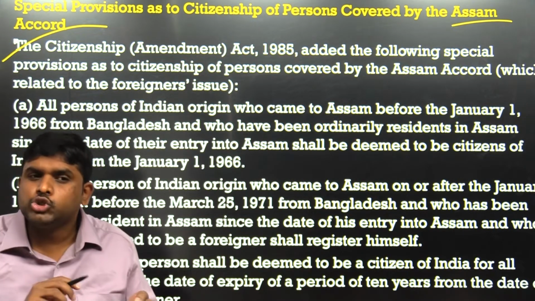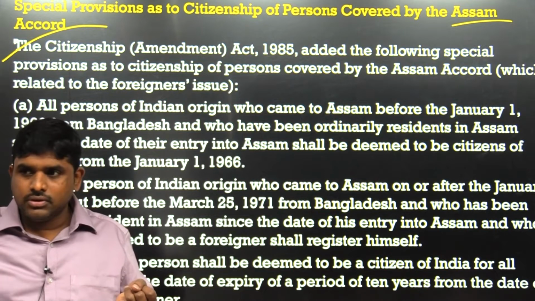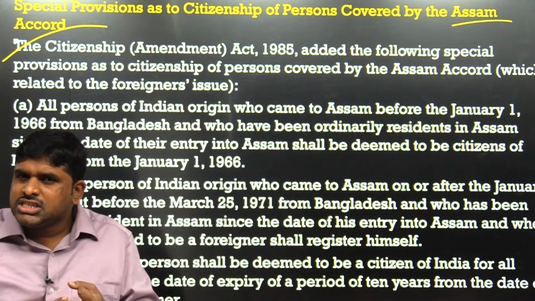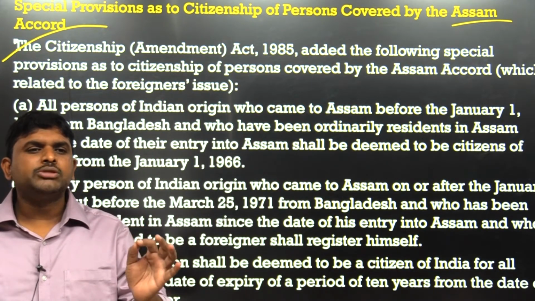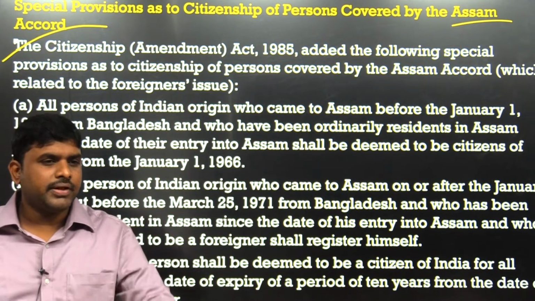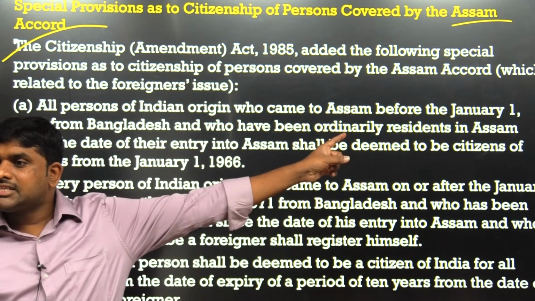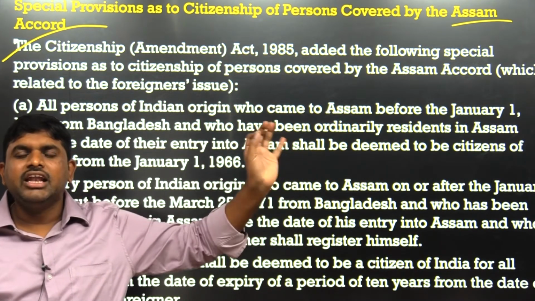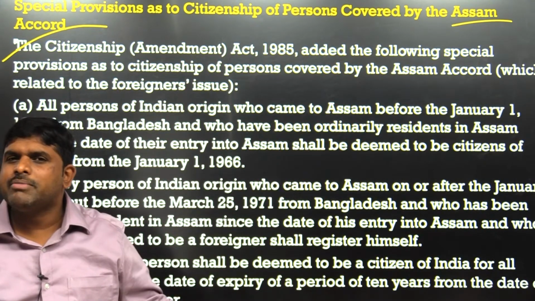Those people belong to minorities only, no? Hindus, Christians, Sikhs, Buddhists, Jains, Parsis. It's a blatant violation of the Assam Accord. What is the Assam Accord? Illegal infiltrators will never be given citizenship.